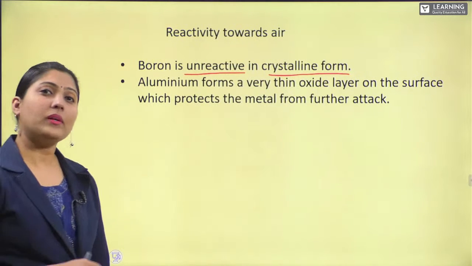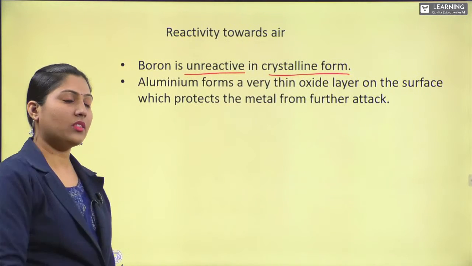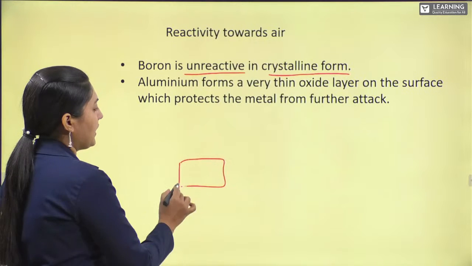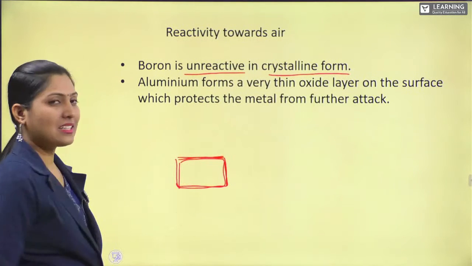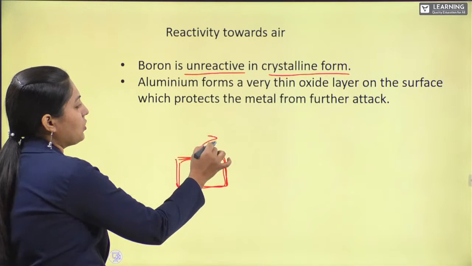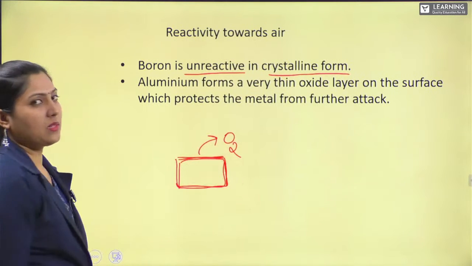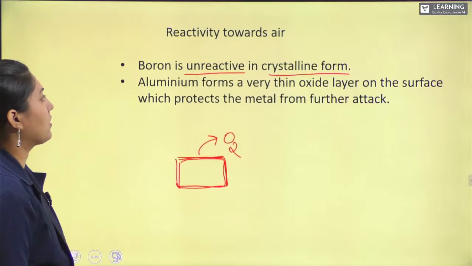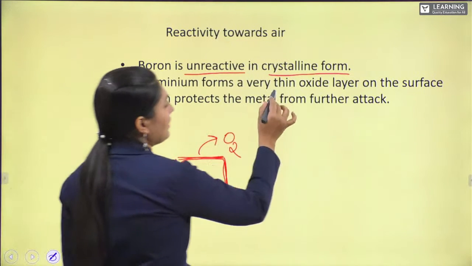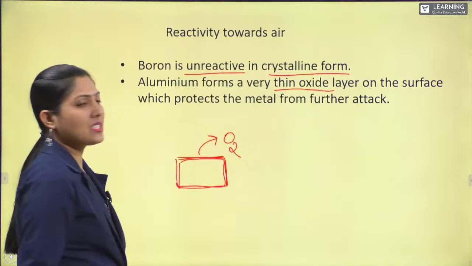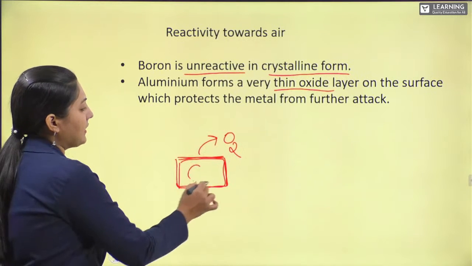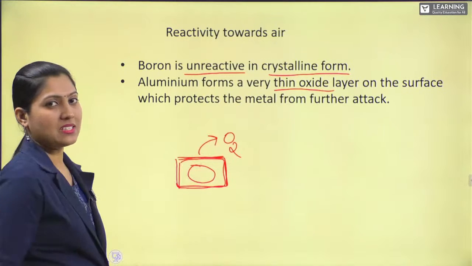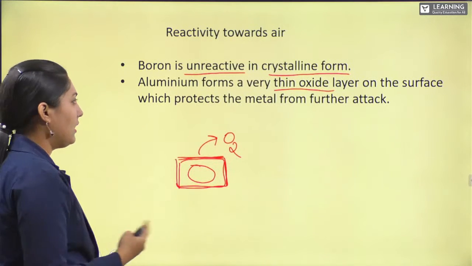But if I have a piece of aluminium, it will form a thin coat over the surface by reacting with atmospheric oxygen. So aluminium forms a very thin oxide layer on the surface which protects the metal inside. The metal present inside will be protected by that layer.